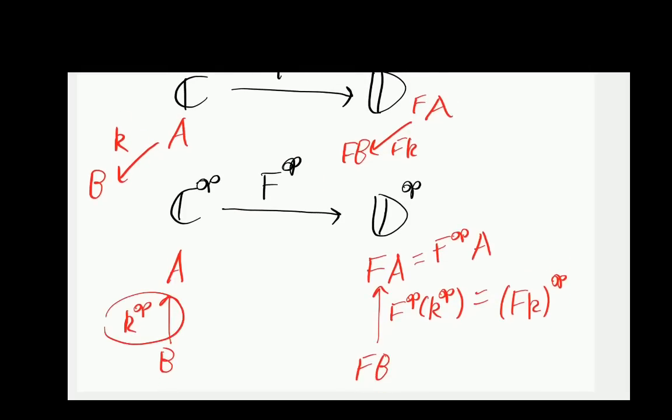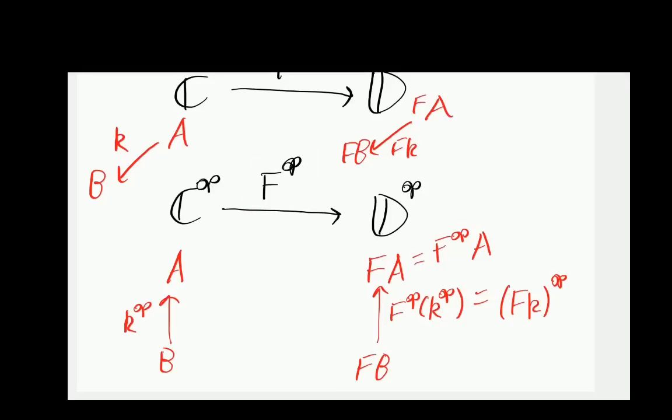Here's an arrow of C op, this arrow K op. What's going to happen to it when we do this functor F op on it? We're just going to apply F to K, and then we're going to reverse that arrow. So that's how this opposite functor works on arrows.